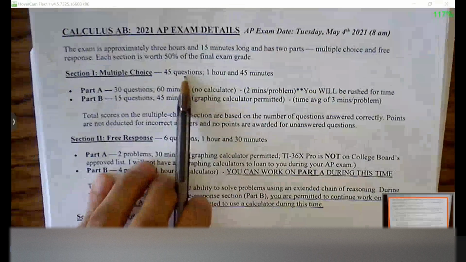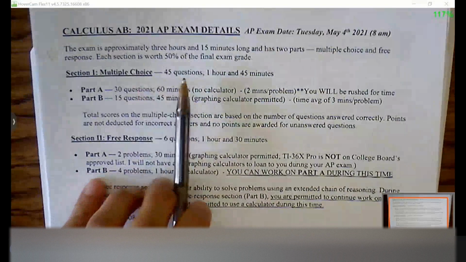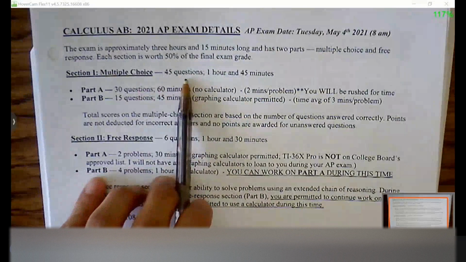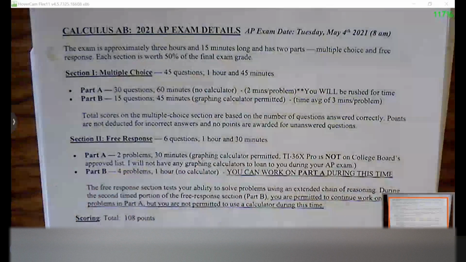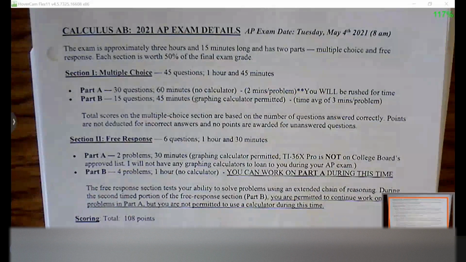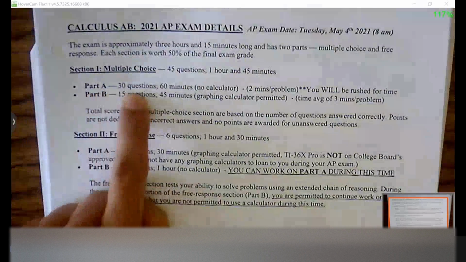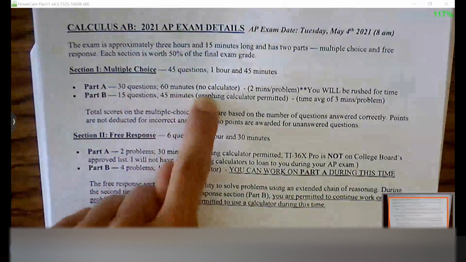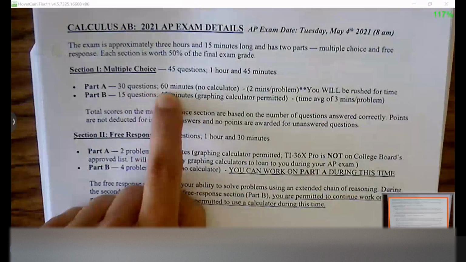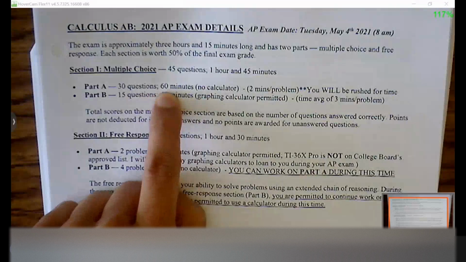The first part is multiple choice. In total, there are 45 questions, and it'll be a total of 1 hour and 45 minutes. In part A, you're going to start off with the non-calculator portion, 30 questions in 60 minutes.